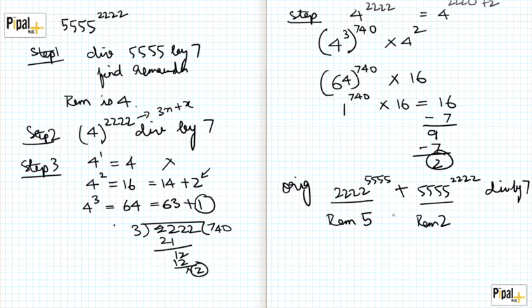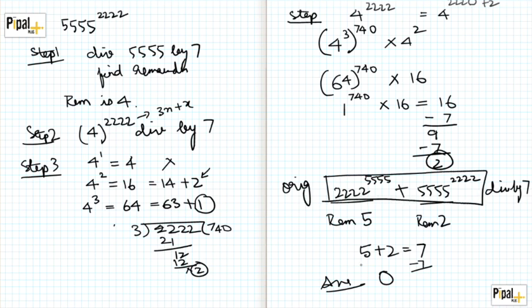So when I add both of them, they leave a remainder 5 plus 2, which is 7 itself, right? So can there be a 7 remainder when I divide something by 7? No, the answer is 0, right? Because I got to subtract a 7 from this. So 0 is the remainder I get when this whole thing is divided by 7.